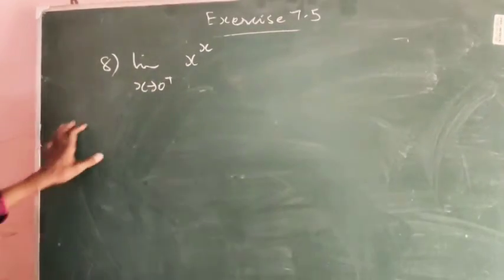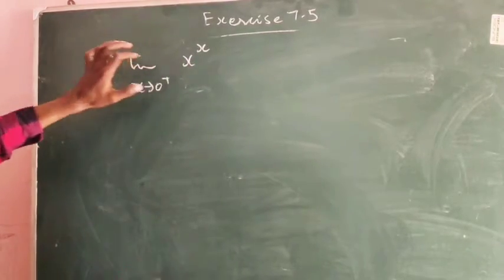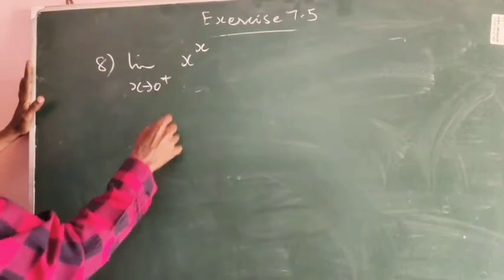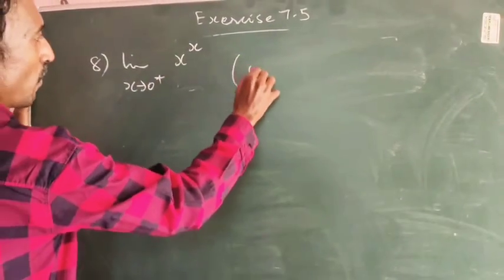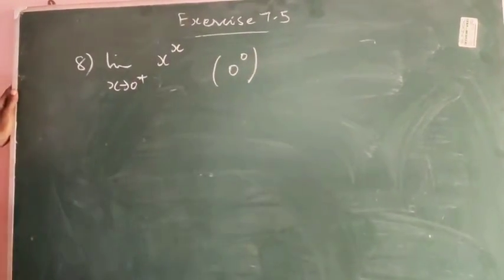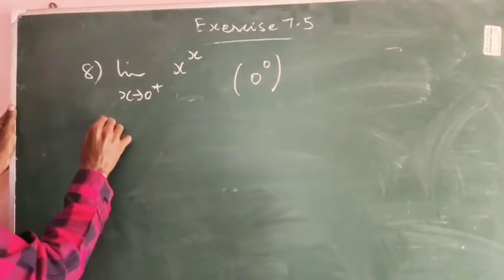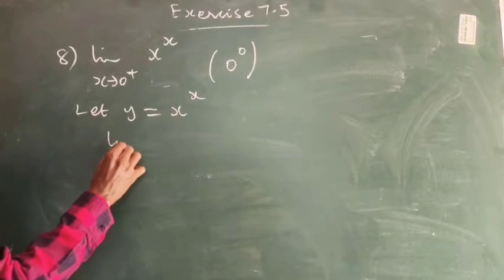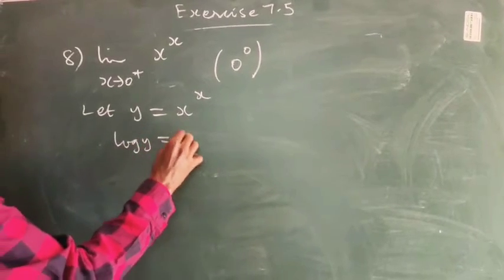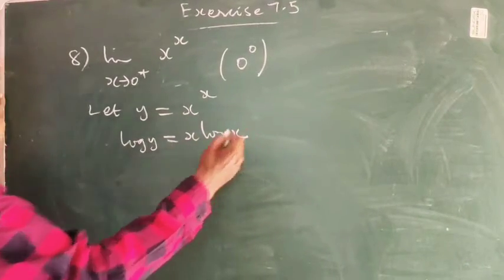So question number 8 in exercise 7.5, limit x tends to 0 plus x power x. Anyway, right hand limit, so we are putting 0. It is of the type 0 power 0. Already told you, let me take y equal to x power x. Apply log on both sides: log y equal to x into log x.